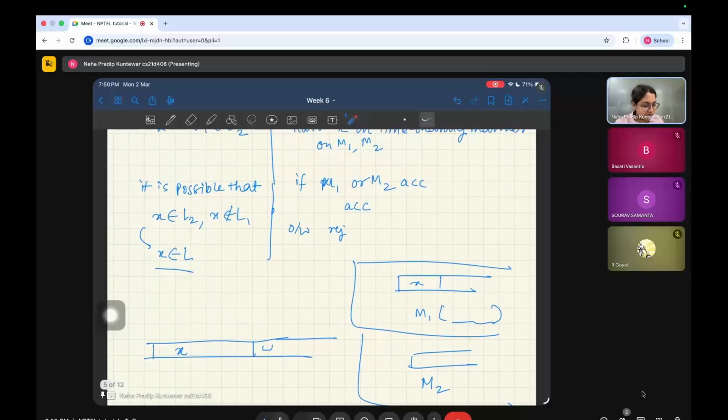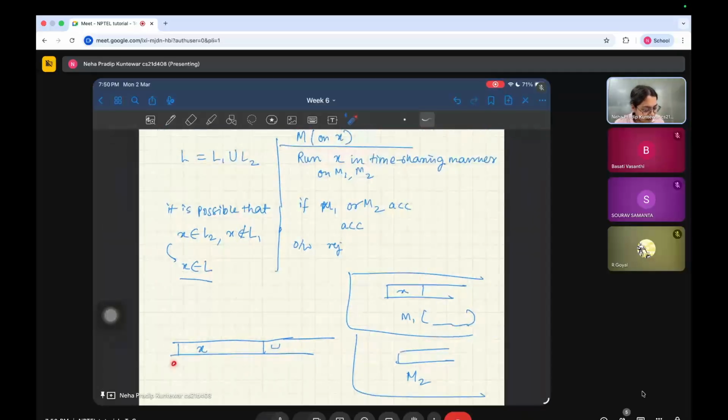What is really happening is that there is only one tape, and initially on the input tape you have x written on it. Now what will happen is M is going to simulate the logic of M1 and M2 in its own tape.